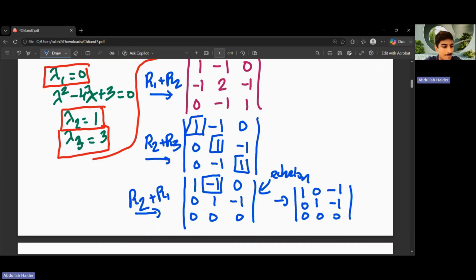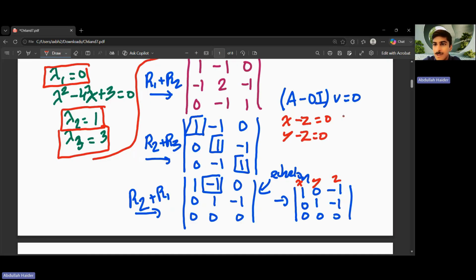So once you reduce this matrix, you need to find your eigenvector. What you do is A minus 0I, v equals 0, meaning assuming that this is your x, this is your y, this is your z, x minus z equals 0, and y minus z equals 0.